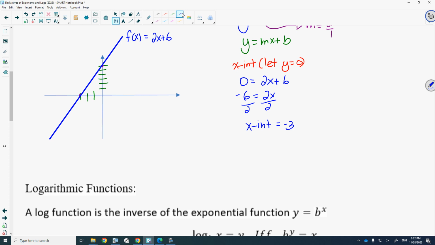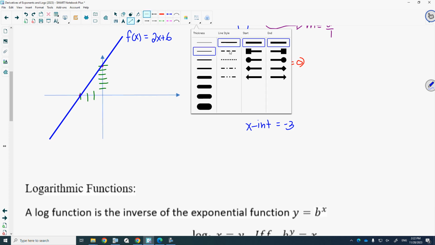Okay, in 30-1, we did inverse functions. And I'm going to show you how we figure out the equation of the inverse function. But inverse functions are functions that are going to be reflected in the line y is equal to x. So what we need to do is put in our graph a hatched line that will go through y is equal to x.